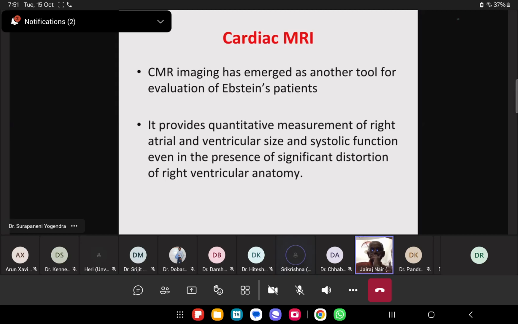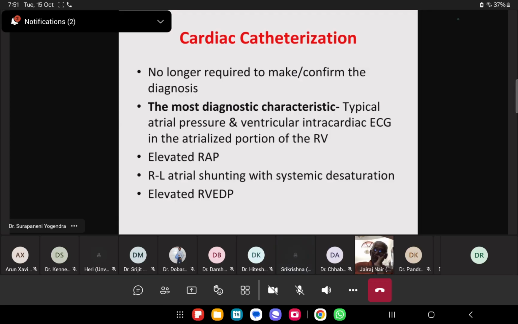Cardiac MRI. Cardiac MRI imaging has emerged as another tool for evaluation of Ebstein's anomaly. It provides quantitative measurement of right atrial and ventricular size and systolic function, even in the presence of significant distortion of right ventricular anatomy. Cardiac catheterization is no longer required to make or confirm the diagnosis.